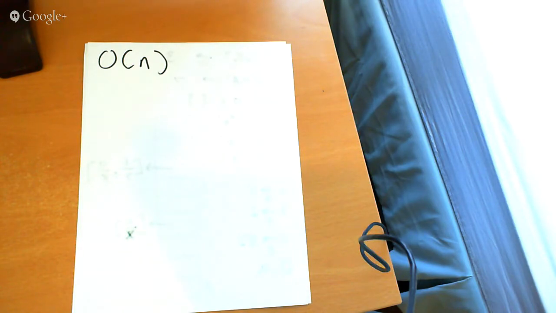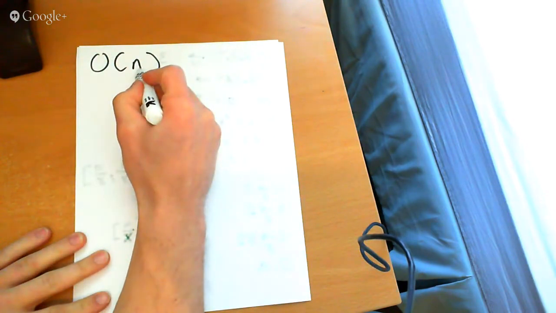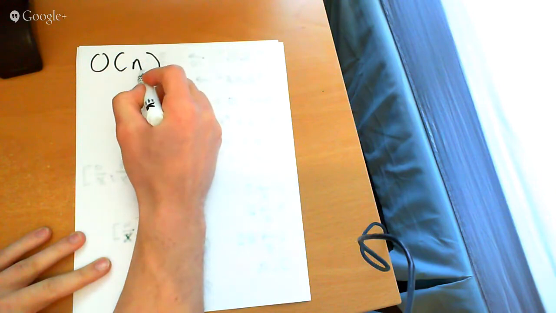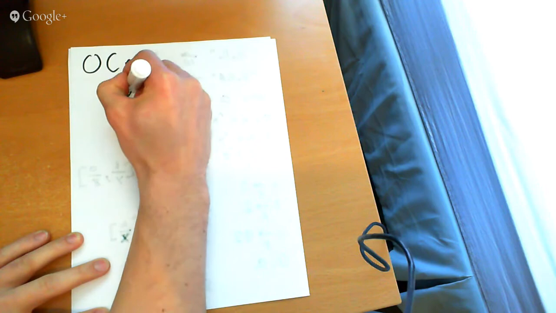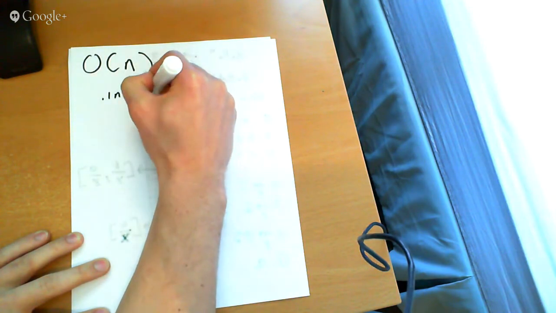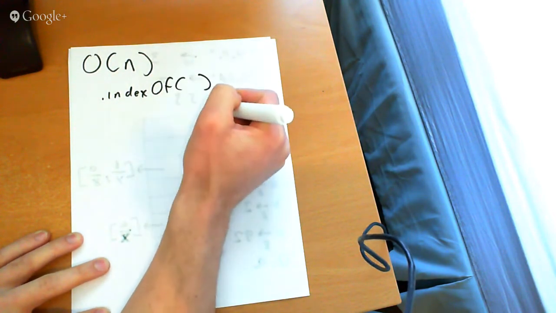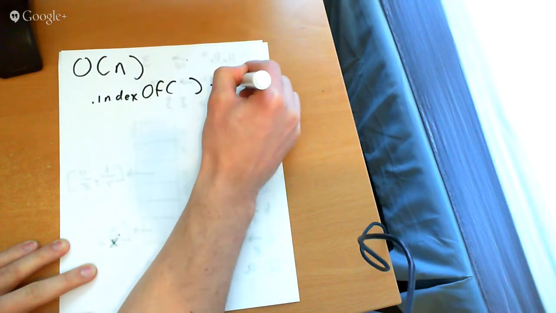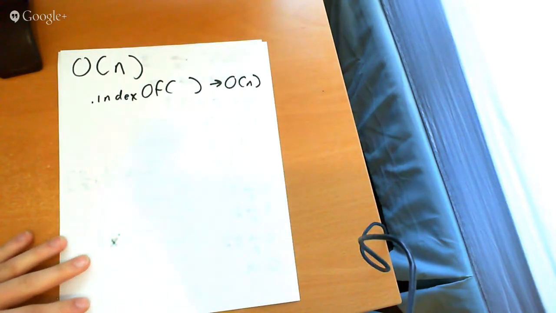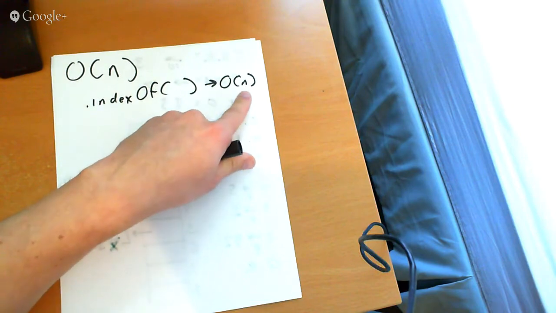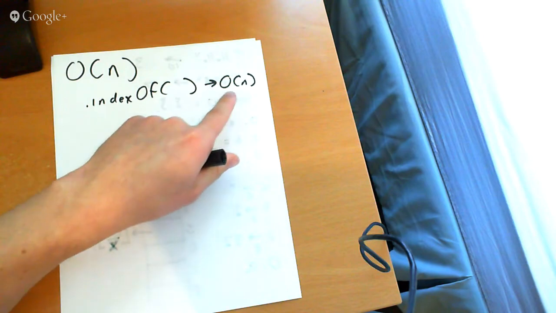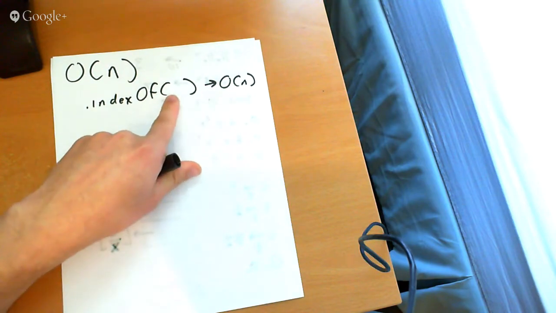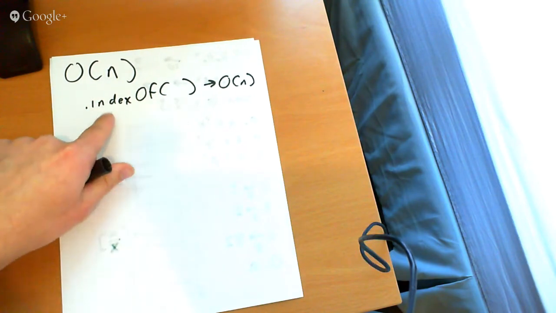If you want to go through an array of items and find a value, like array indexOf in JavaScript, that is order n, because it might have to go through every single value in your array to find the value you're looking for to give you the index.